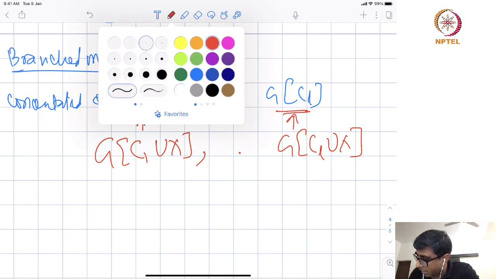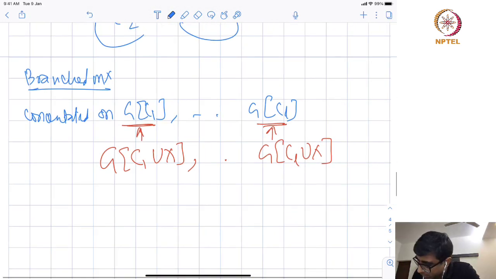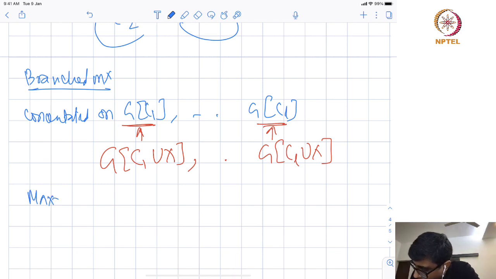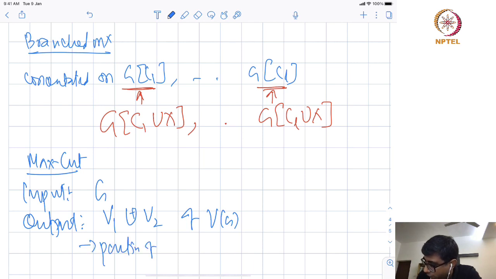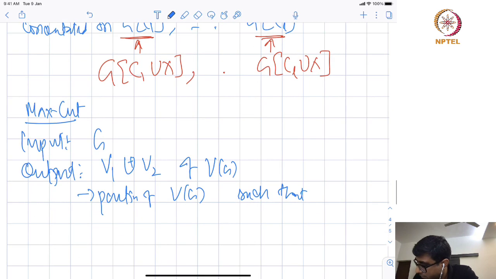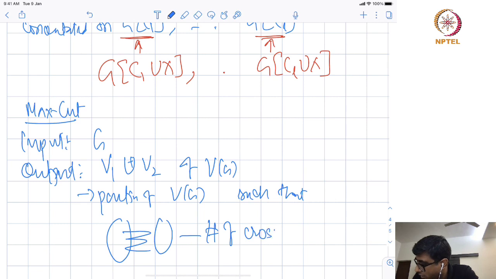Suppose I was trying to solve a problem such as max cut. Input is G, output is a partition V1 disjoint union V2 of V of G such that the number of crossing edges is maximized.